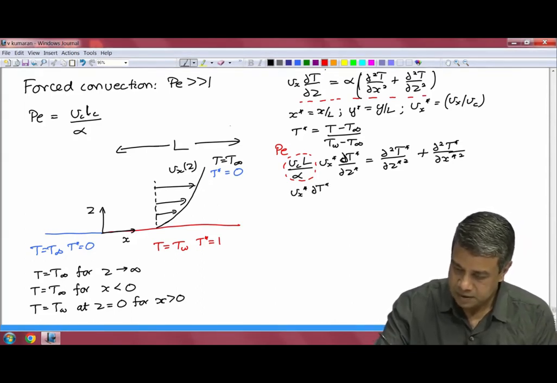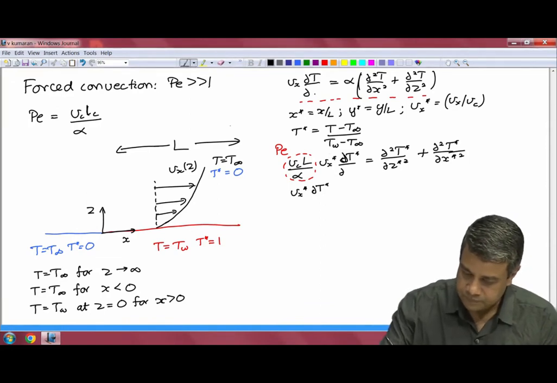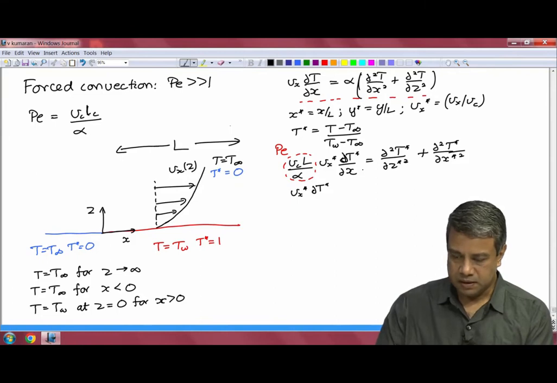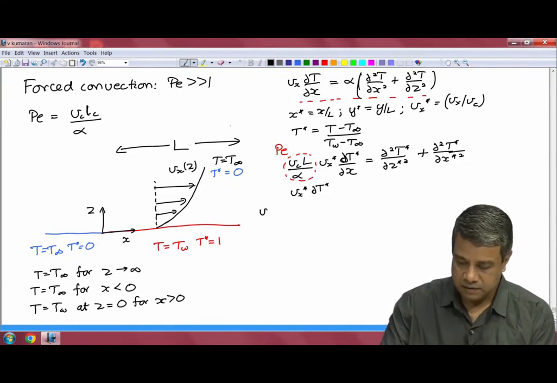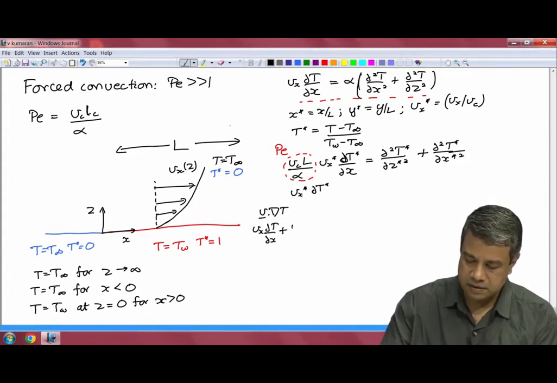My apologies here, this should be x. Recall that it is V dot grad T, which will be Vx partial T by partial x plus Vz partial T by partial z.